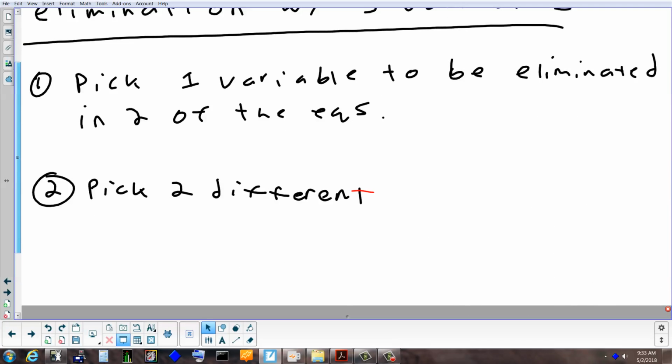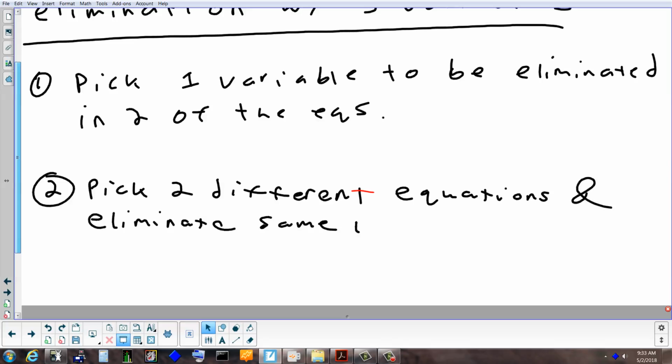You can't use the same two you just used. You've got to pick two different equations and eliminate the same variable again.